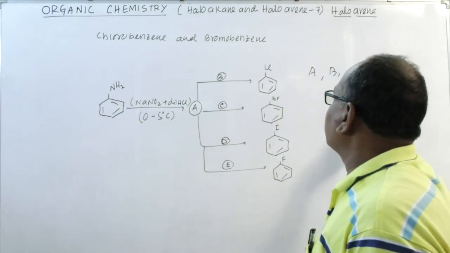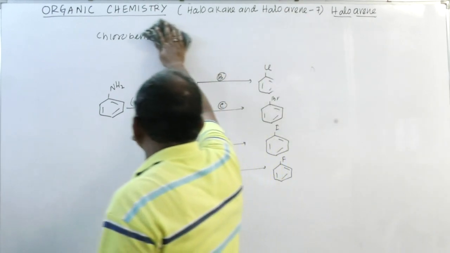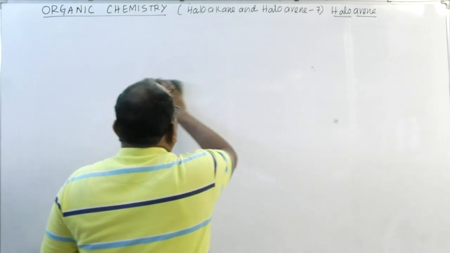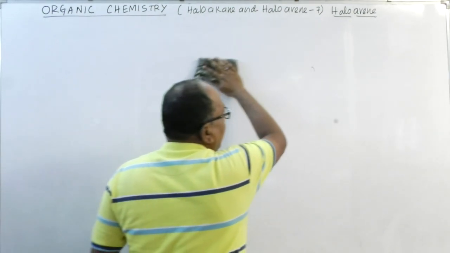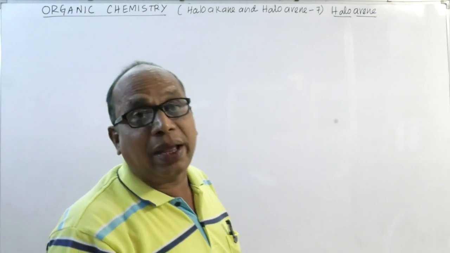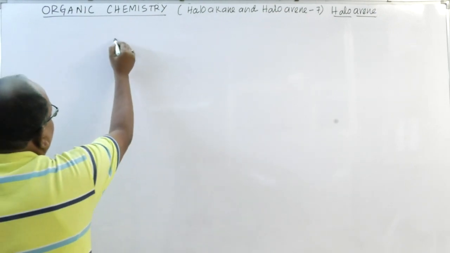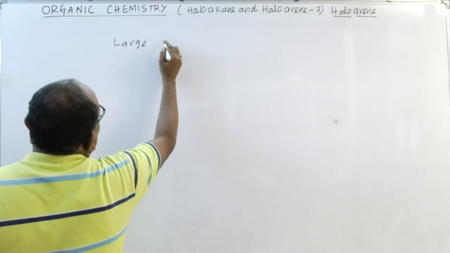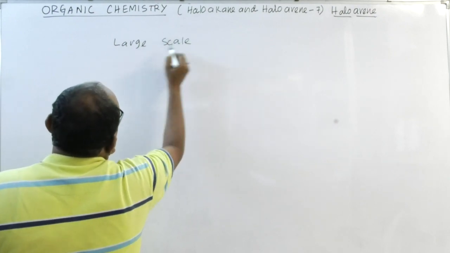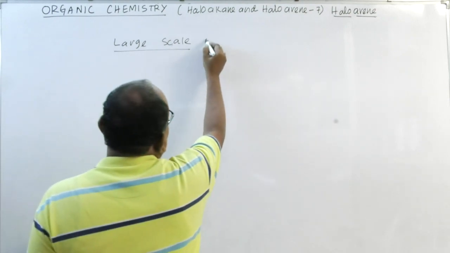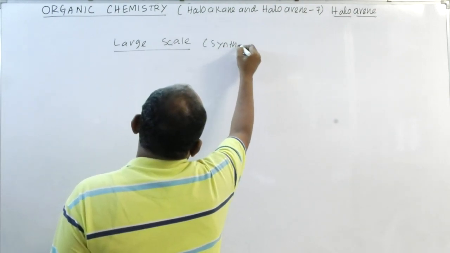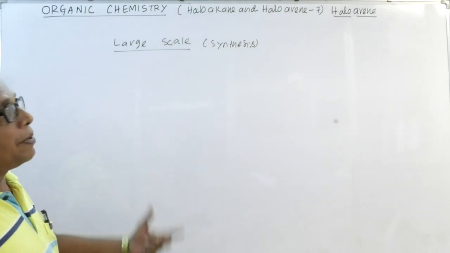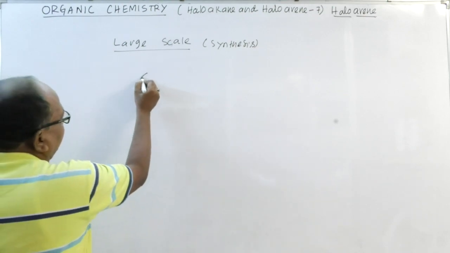Okay, students, this is the second method of preparation of chlorobenzene. And on a large scale, when a large quantity is required, chlorobenzene can be prepared commercially from benzene.